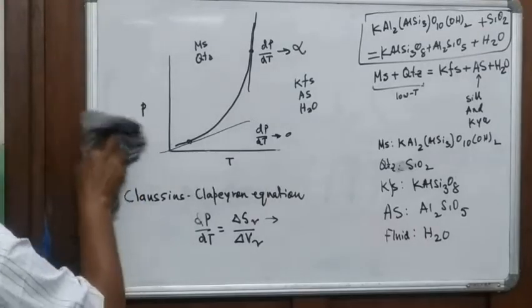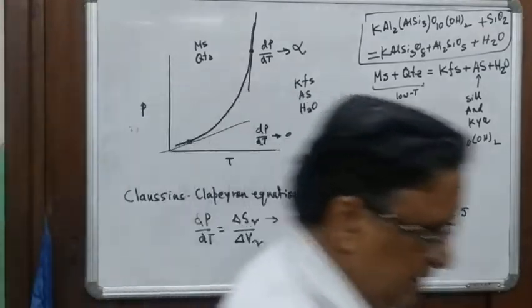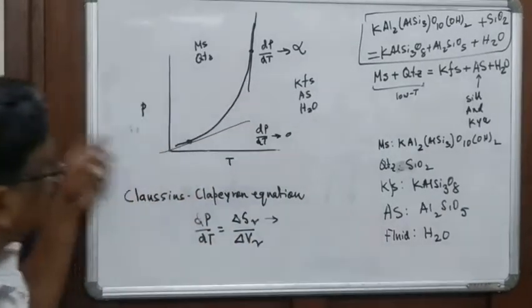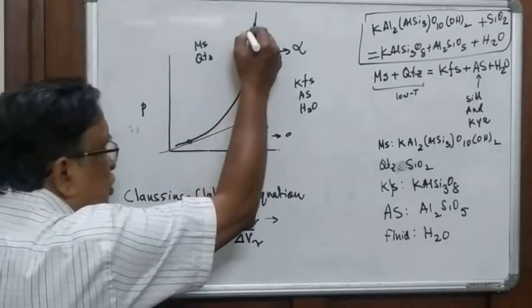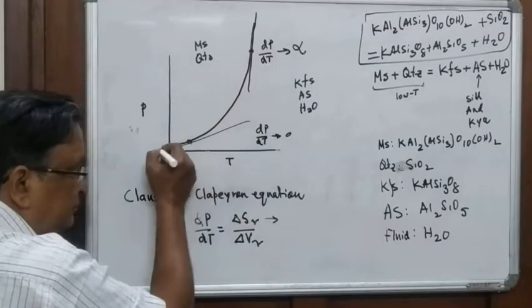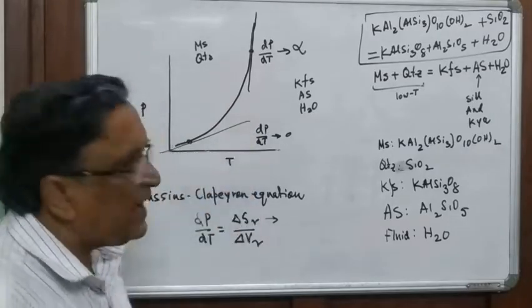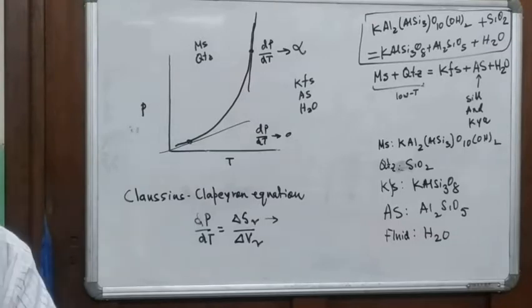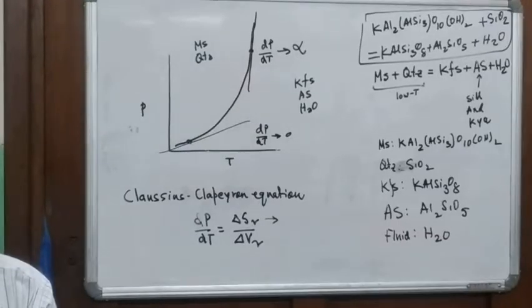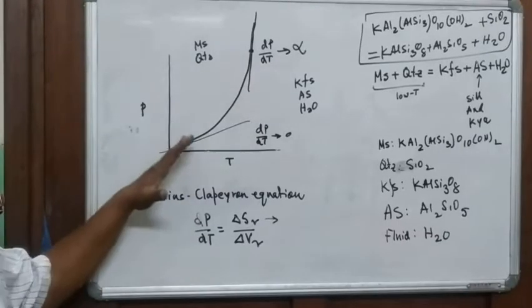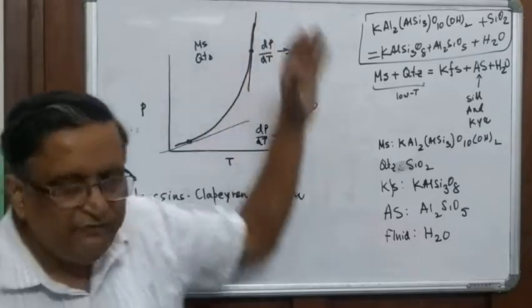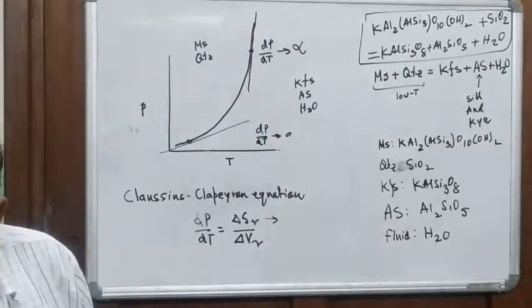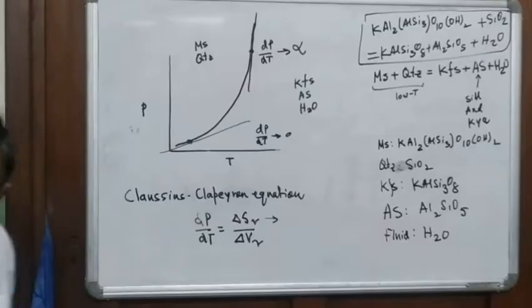So what we see here in this reaction, the slope of the reaction, that means the dP/dT of the reaction, tends to zero at low pressure and temperature, and dP/dT tends to infinity at high pressure and high temperature.